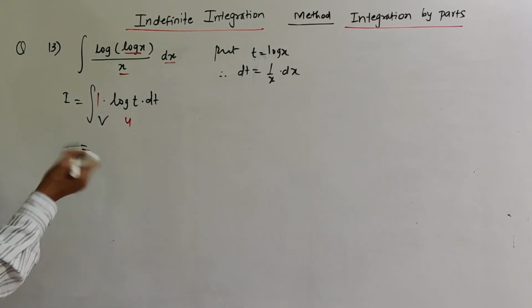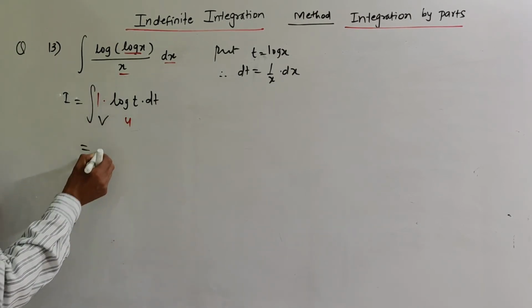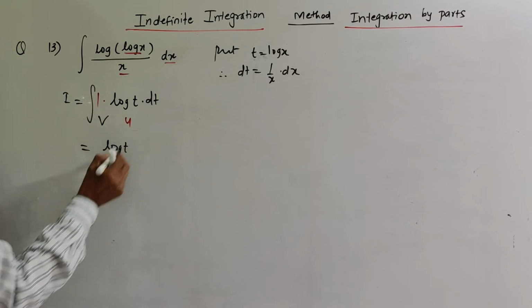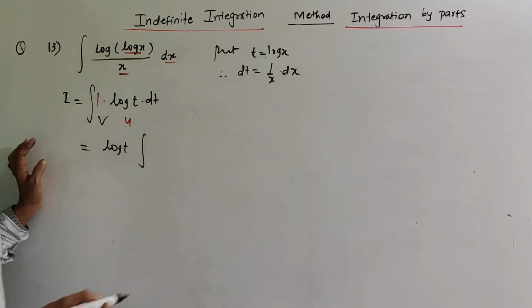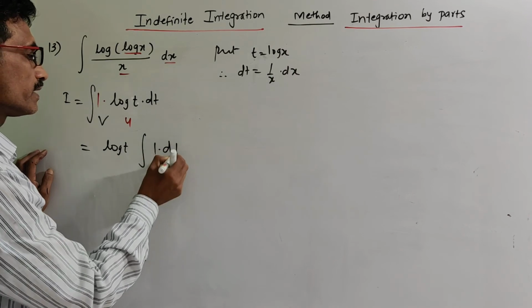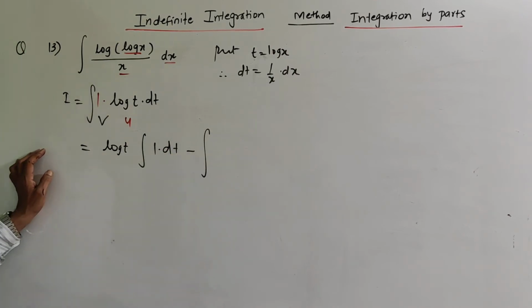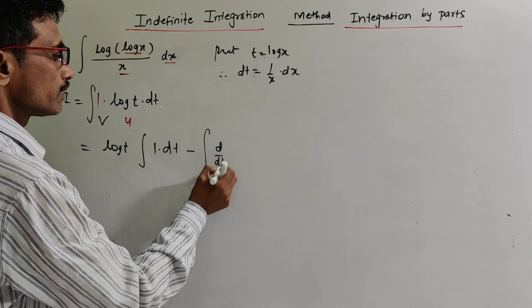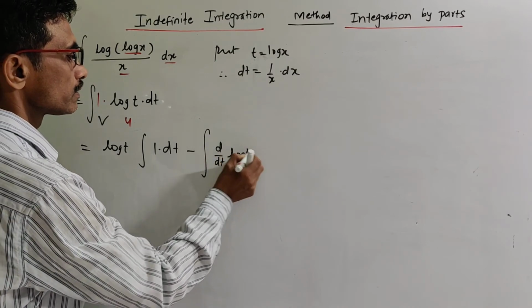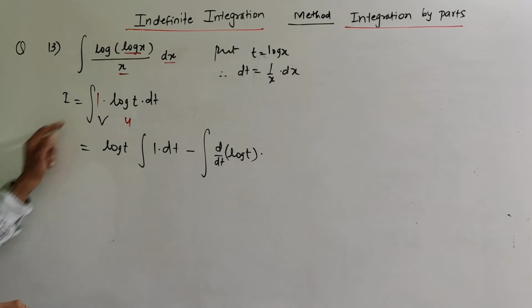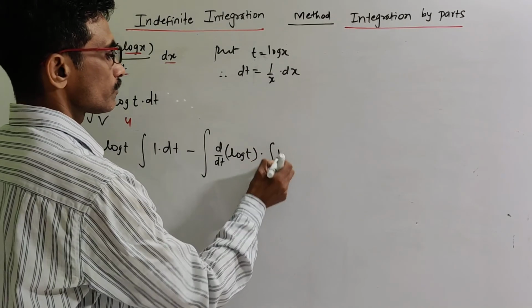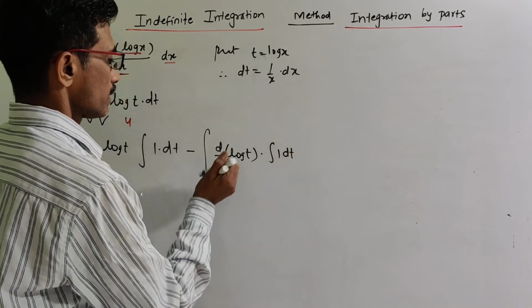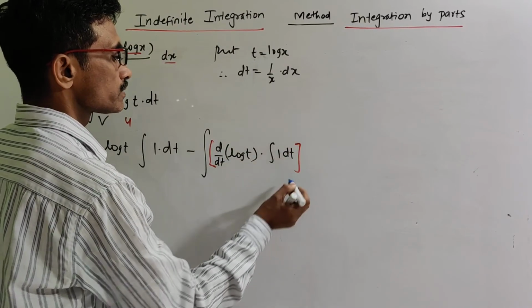So u as it is, log of t as it is, integration of 1 dt, minus integration of the derivative of u, that is 1 by t, into the integration of v, integration of 1 dt, and here completes the integration.